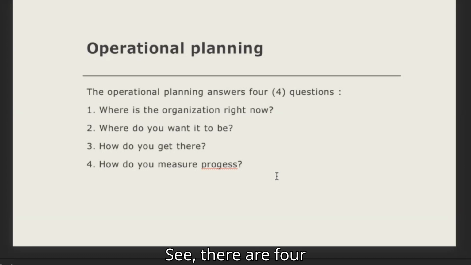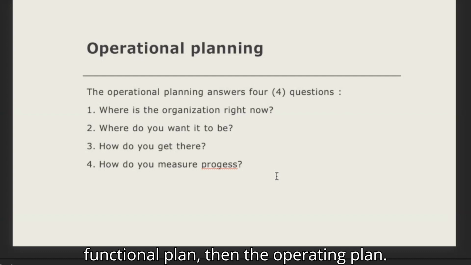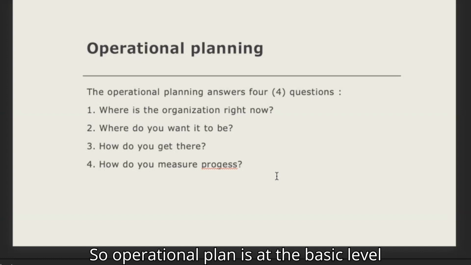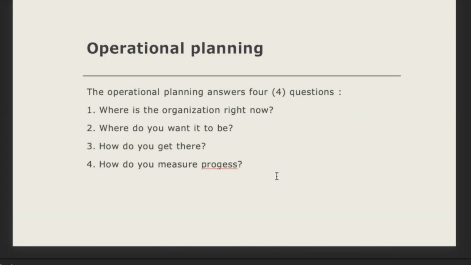See, there are four types of plans that come up in a corporate: corporate plan, business plan, then functional plan, then the operating plan. So the operational plan is at the basic level in every organization.